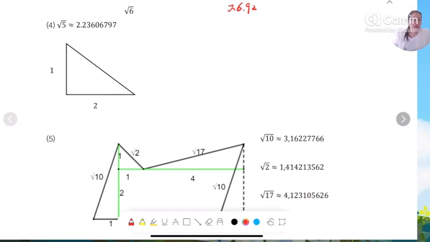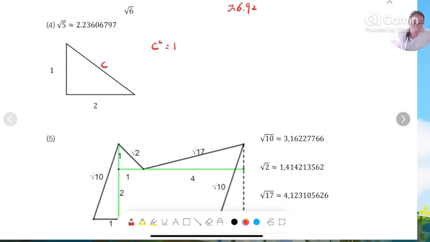Exercise 4 is to find the perimeter of a right triangle. We need to calculate the hypotenuse first. According to the Pythagorean theorem, the square of the hypotenuse C is equal to the sum of the squares of the two right-angled sides.